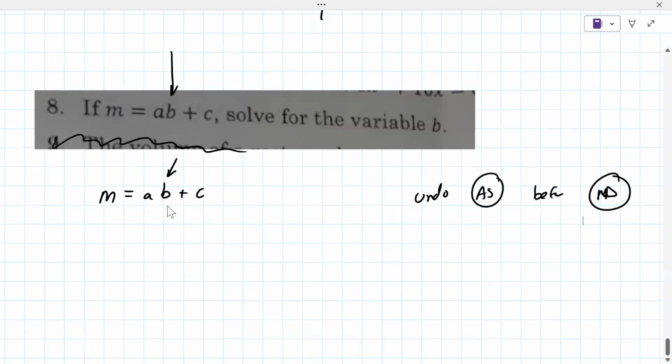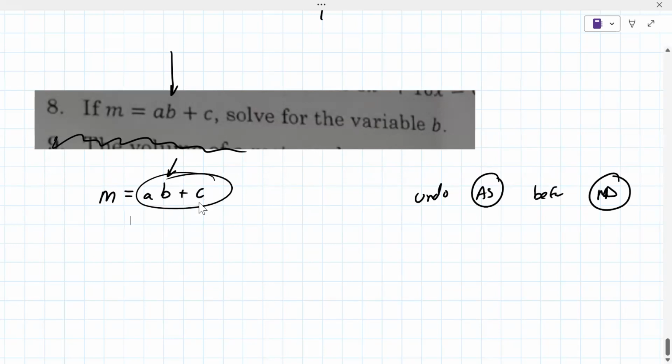On the side with the thing you're solving for, what do you undo first? Do you undo the A or do you undo the C? Well, the variable we're solving for. Like you're looking at the right-hand side, and you can see there's an A next to the B and a C over here off to the right.